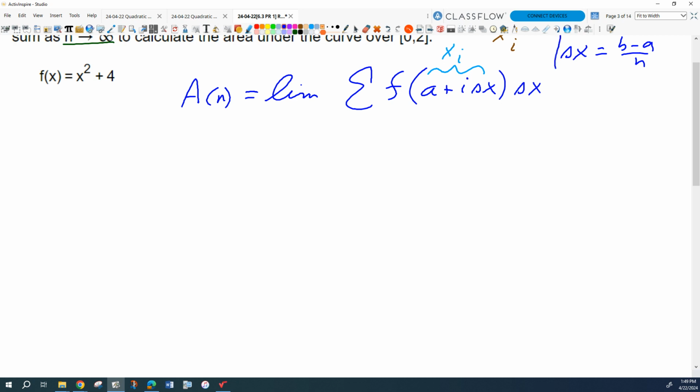And we're going to sum that as i goes from 1 to... okay, but the sum goes from 1 to how many rectangles? n, right? The Riemann sum, we're always going to divide it up into n rectangles. So there's our Riemann sum right there.